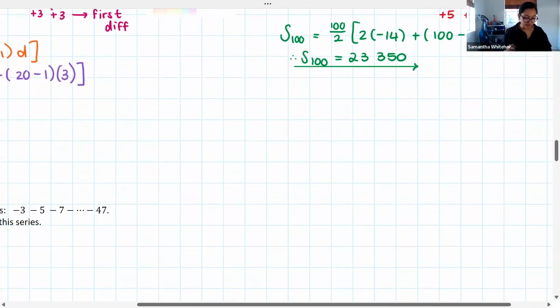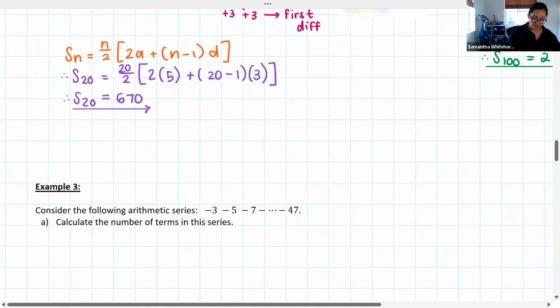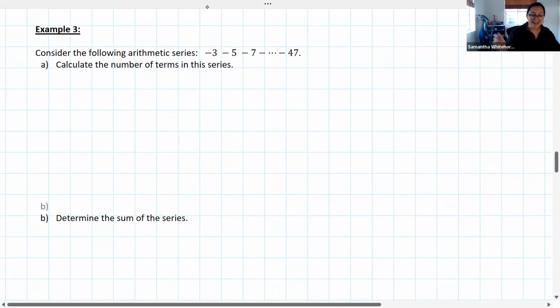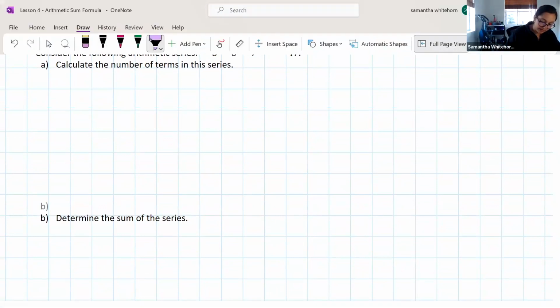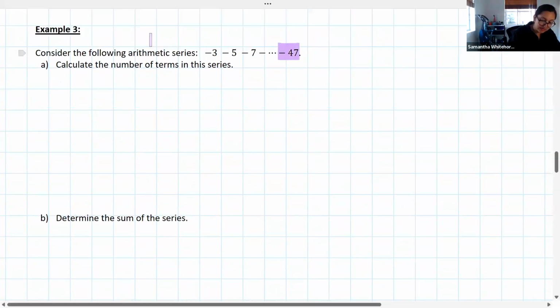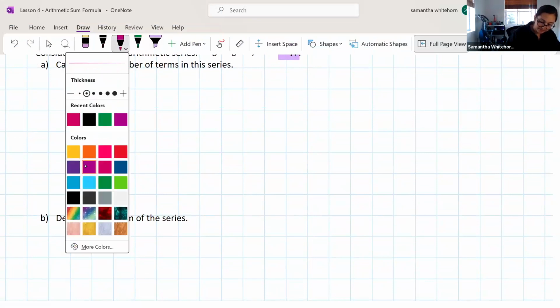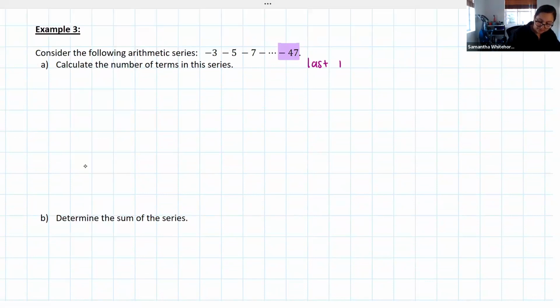This one, however, is a bit different. This one, however, has got a final or an end term. So over here, this -47 is the last term of the series, which means that it's what we call a finite series.